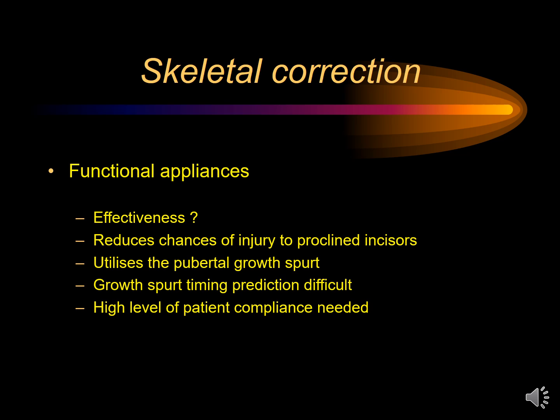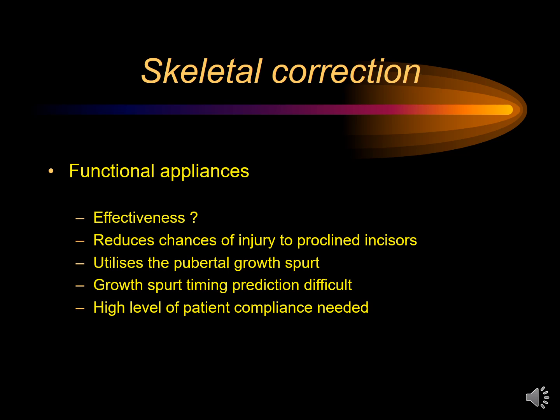Various ways have been devised, for example, wrist radiographs, height measurements, and looking at the ossification of the cervical vertebrae. But these techniques are not perfect, and the success of functional appliances also depends on a high level of patient compliance.